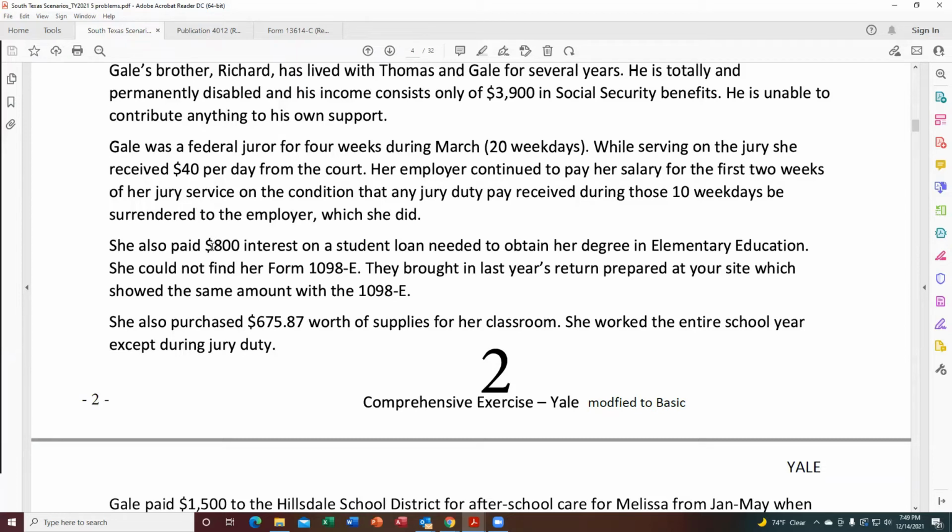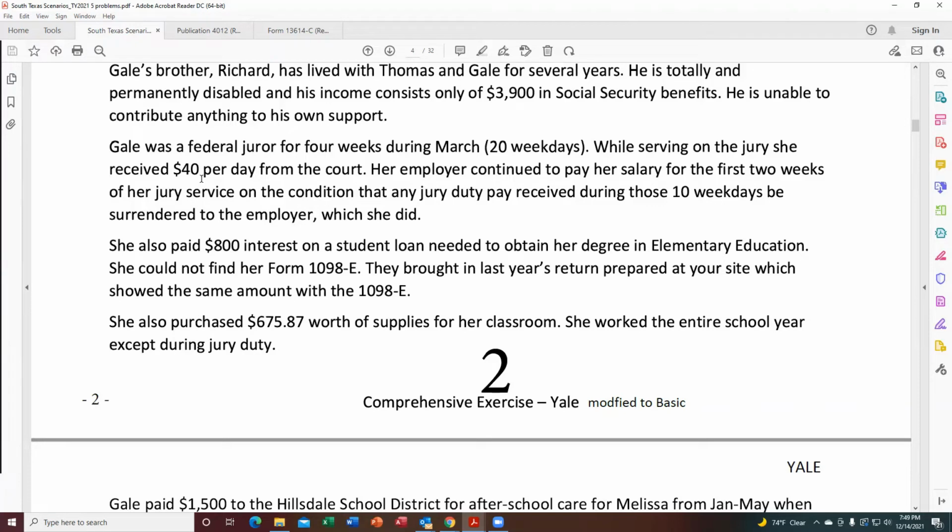Then we have the student loan interest. That's also an adjustment to income. She had $800. And then the educator expenses, that's also an adjustment to income. So let's take care of the source of income, in this case, the jury duty. So it was 20 days times $40.